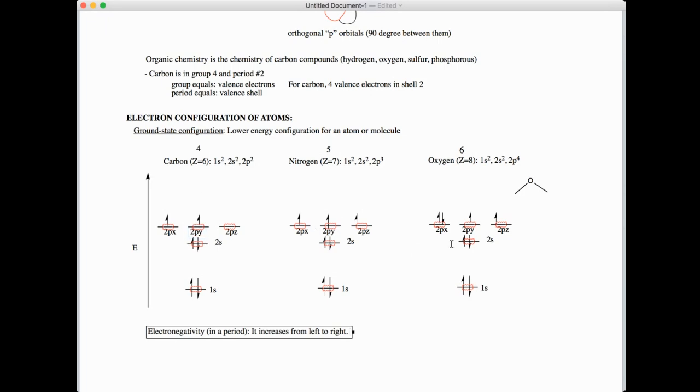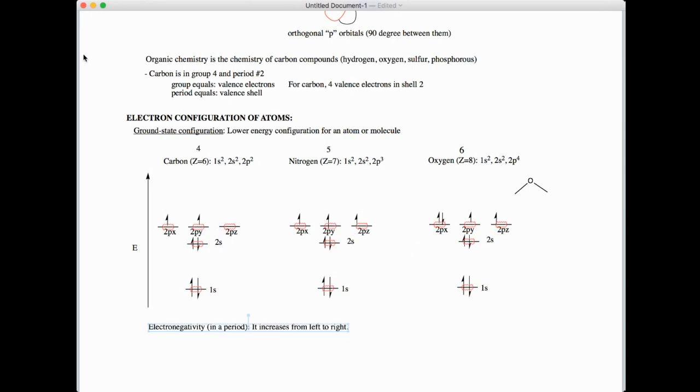In this case, it's shell number 2. So the size of the shell in theory should be very similar. So not a big difference in size because we're talking about the same shell, right? Now the number of protons and electrons is increasing, the attraction is increasing, and therefore when you go from left to right, the atomic radius decreases and electronegativity increases. That's a very important thing to keep in mind.